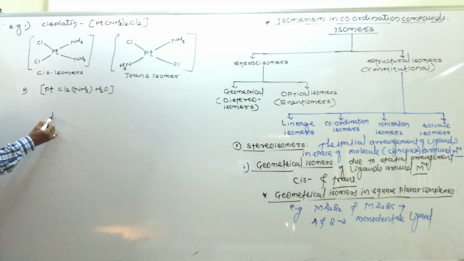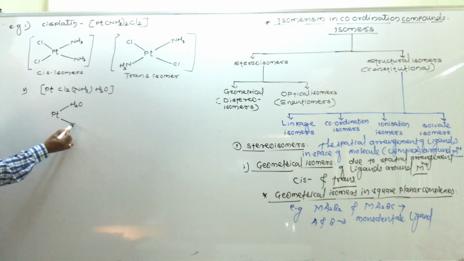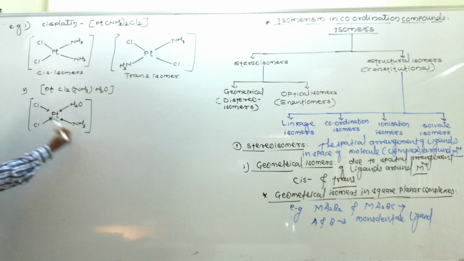You see here platinum is present here, then here H2O, here NH3, here it donates electron pair to central platinum. Therefore you can write the bond by using arrow facing towards the platinum.